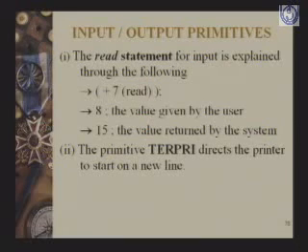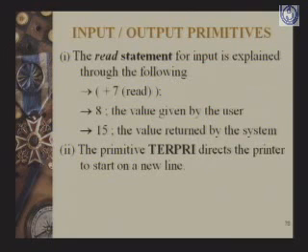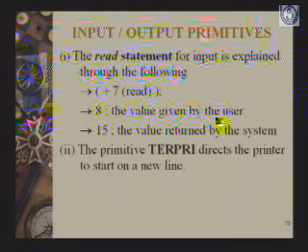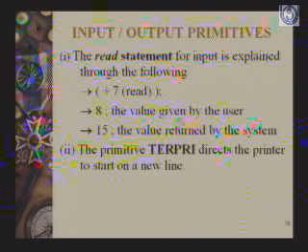So what are the provisions for input and output in the language Lisp? Let us have a look at the slide in order to know what the input statements and output statements are. So friends, in order to read a value, the read statement bound by a pair of parentheses is given to us. For example, there is an instruction plus 7 read.